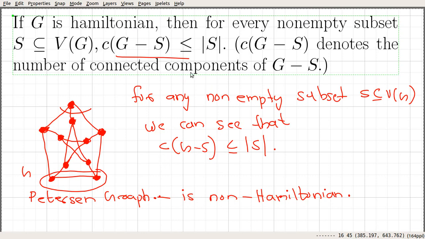Even though it satisfies this condition, G is non-Hamiltonian.